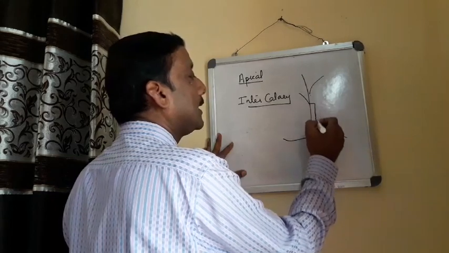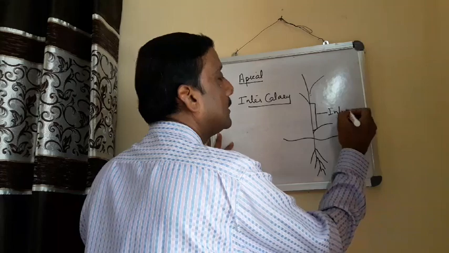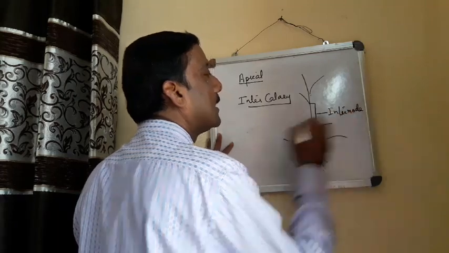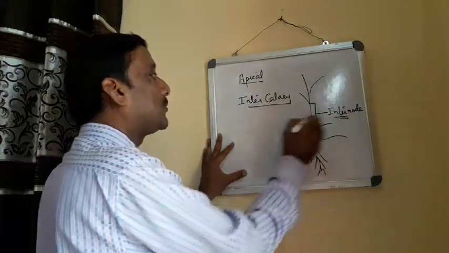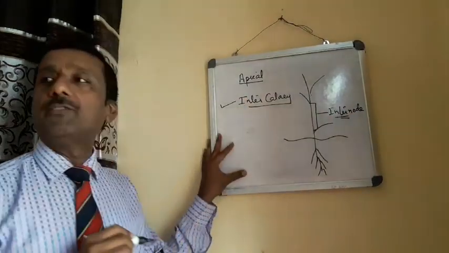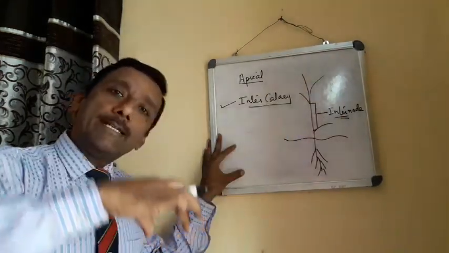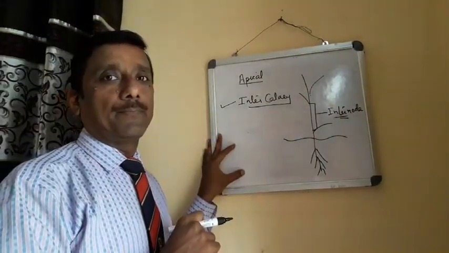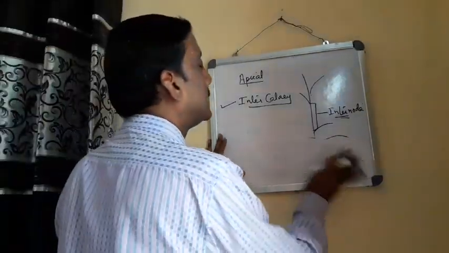Now this is an internodal region. We call it internode, which I discussed in my last class. Now this internodal region is a place where intercalary meristem is present, and it helps in the elongation and development of the plant.